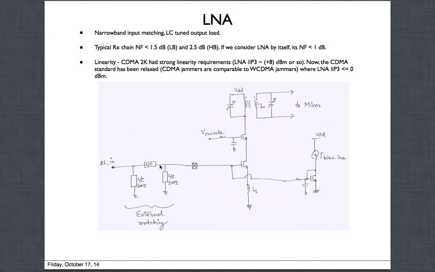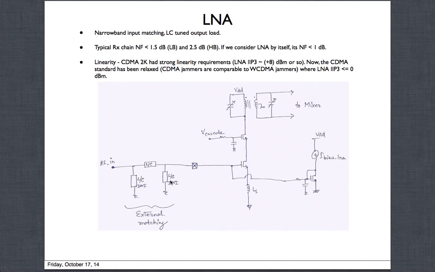So this is for providing a series element for matching, could be L or C. These are for shunt elements, could be an inductor or a capacitor, and this all depends on how you are positioned on the Smith chart. Again, I'm not going into those details, but if you are at different locations on the Smith chart, you might need an inductor with a capacitor, in series or parallel.